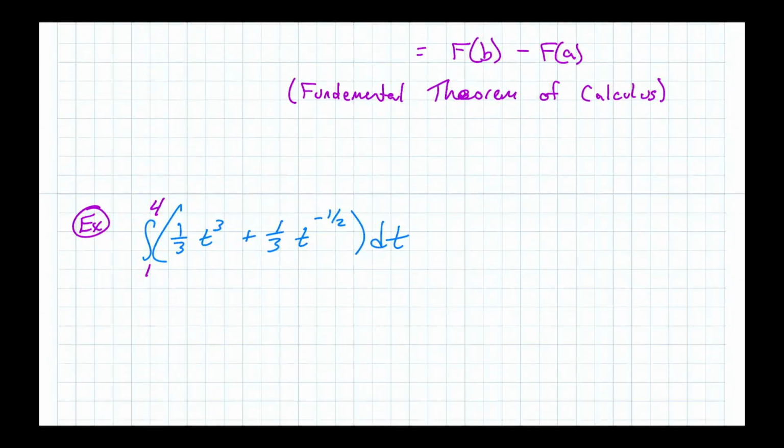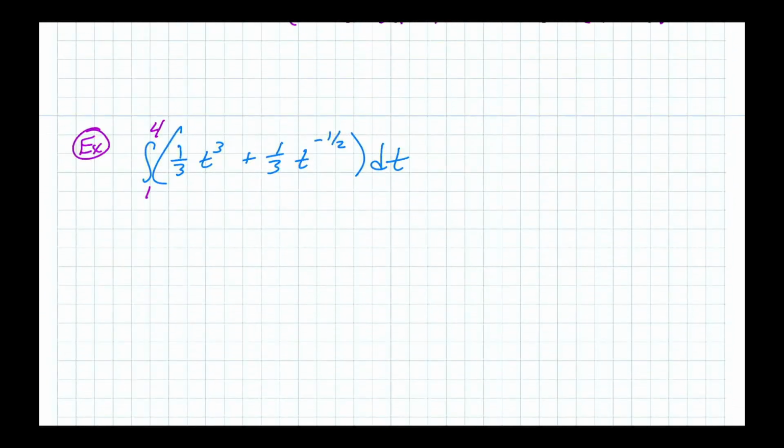Okay, so if this is your integral, then your first step is going to be to find the antiderivative. You have to do that according to the rules. We know how to do that, we just did it. You add 1 to the exponent, t to the 4 over 4.